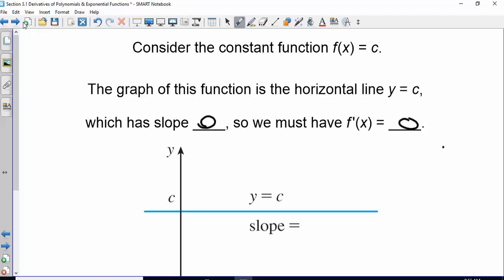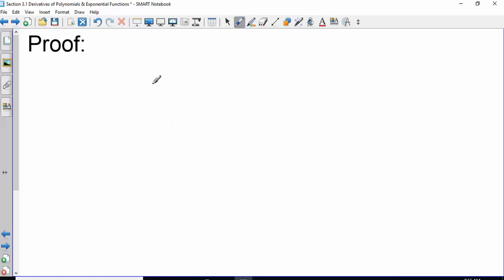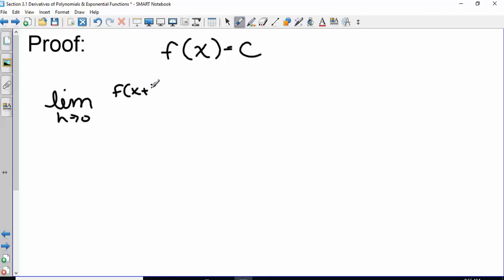We've seen that show up in a couple of our higher derivatives. I'd like to prove it just because I know you guys don't usually believe me when I tell you things. So if your function is just a constant, then if we did the limit as h approaches 0 of f of x plus h minus f of x all over h.